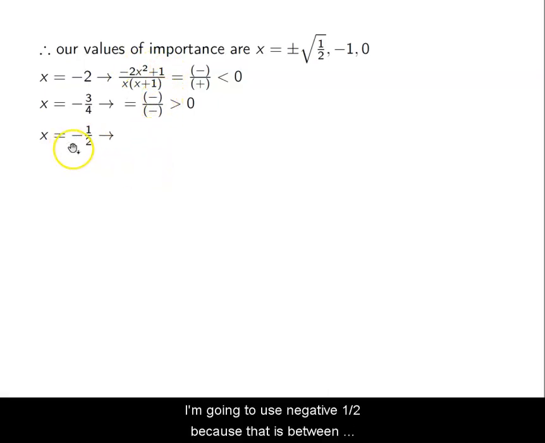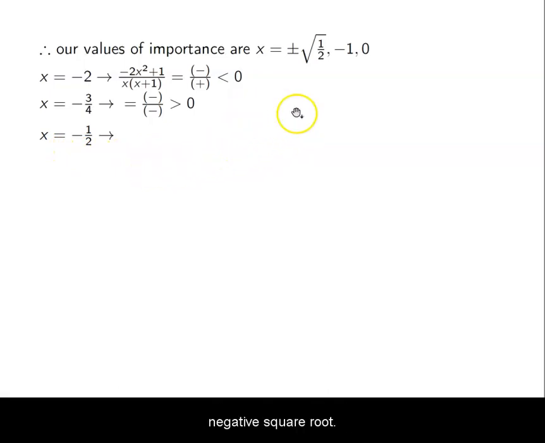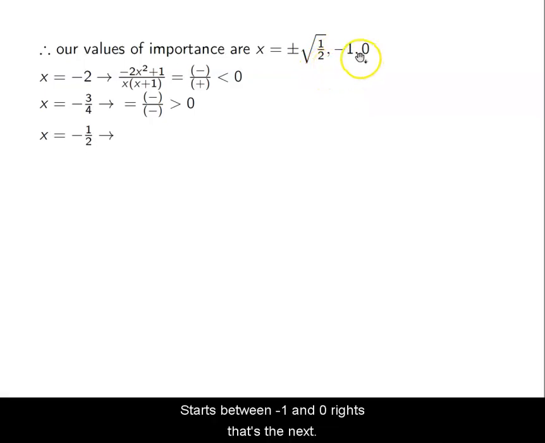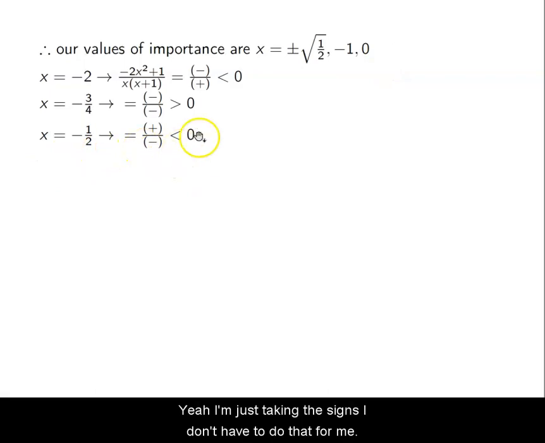Okay. I'm going to use negative 1/2 because that is between negative 1 and 0, right? So that's the next value. Again, I'm just checking the signs. I don't have to do the actual math. So this will be negative, this will be positive, that's a negative, right?